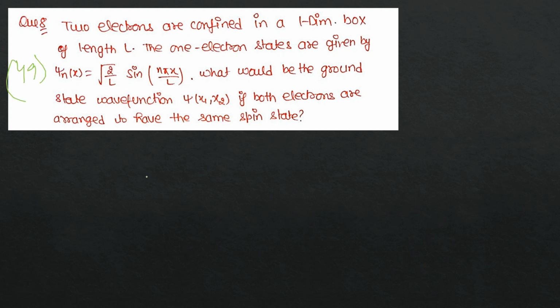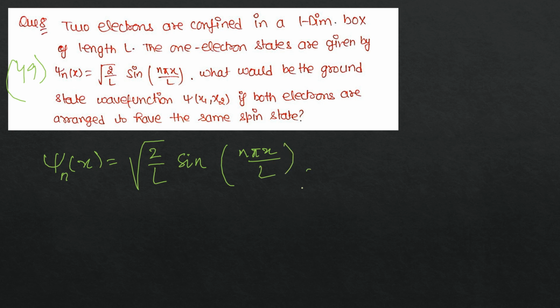Two electrons are confined in a one-dimensional box of length L. One electron state is given by psi n of x is equal to root over 2 by L sine n pi x by L. What would be the ground state wave function psi of x1, x2 if both electrons are arranged to have the same spin state?